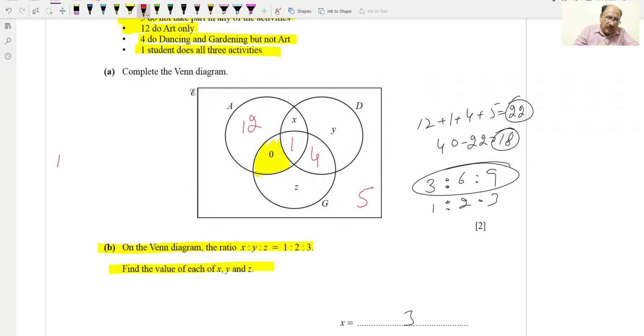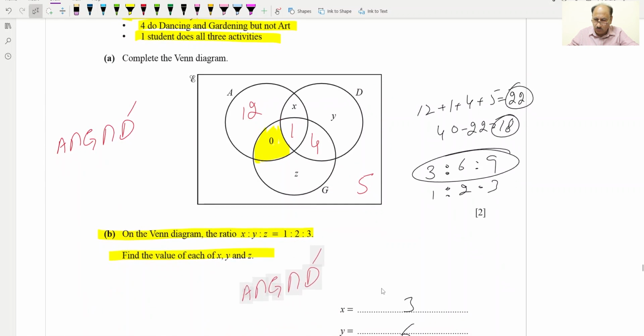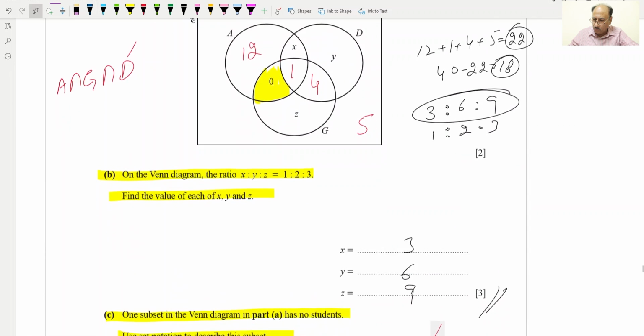So we will write A intersection G, and we will take D complement so that we can exclude this portion. So we take intersection D complement, and this will be basically our answer.